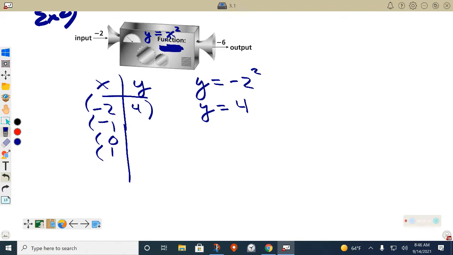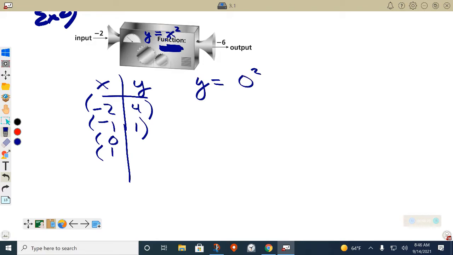So now the next input in line is -1 squared. Well, that becomes -1 times -1, which becomes +1. Nice. So far so good. 0 squared.